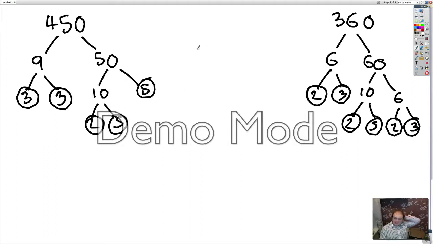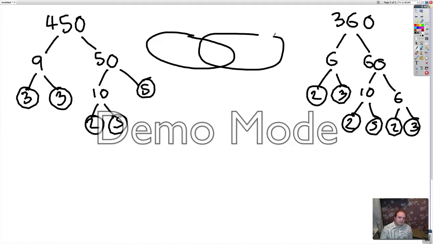I need my boxes now. Not my boxes, my circles. One for 450, overlaps by one for 360. 450 here, 360 here. Okay, let's look for pairs again. Do I have a 5 here? Yeah, and a 5 here. So 5 can go in my middle box.